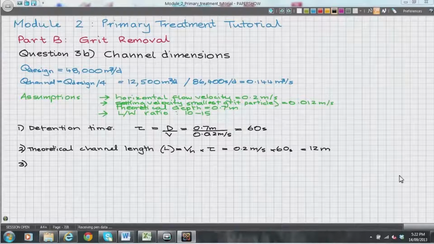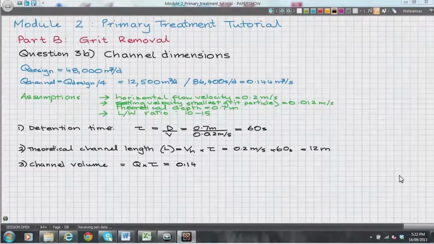The third step is then looking at the channel volume. And we can find this by multiplying our total flow for the channel by the detention time. So that's going to be 0.144 cubic meters per second times 60 seconds, which gives us a total channel volume of 8.64 cubic meters.